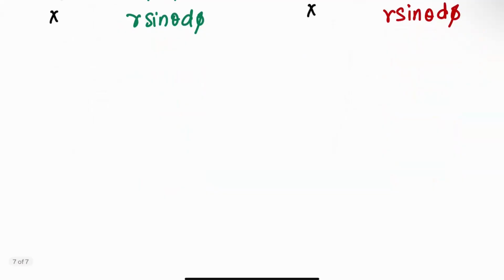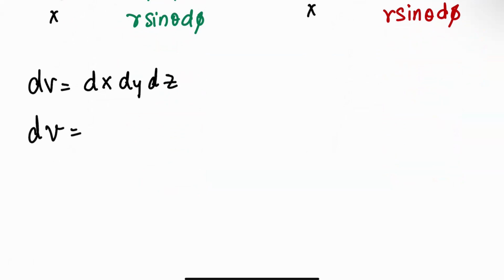Okay, the last part is orientable volumes. It's actually easier because it's a scalar quantity. It's not a vector. So dv, of course, is just a cube in space in Cartesian coordinates, and that's dx dy dz. It's easy. And then you have dv in cylindrical coordinates. Take a small cylinder. It doesn't have to be a small cylinder, actually.